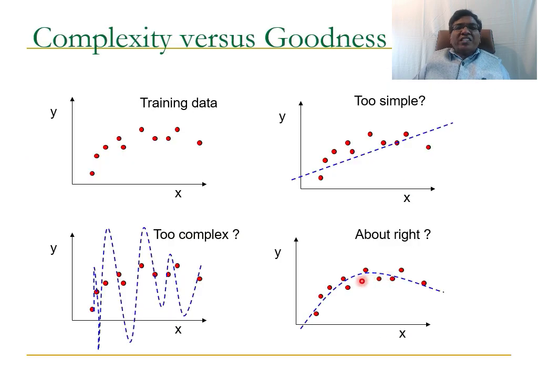How does the complexity affect the goodness of fit? Sometimes the model is very simple, leading to underfit. Sometimes the model is very complex, leading to overfit. But we need the right fit.